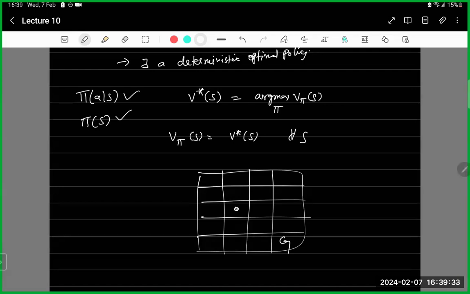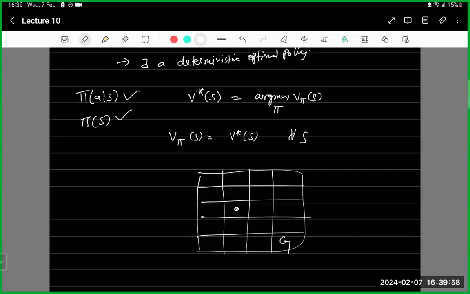If an agent is here, then the only possible actions are up and left. If it takes some action, it will go into a next state, whatever cell that leads it into. So here there are 25 states. Every square is a state, and in every state there are four possible actions: left, right, up, and down.